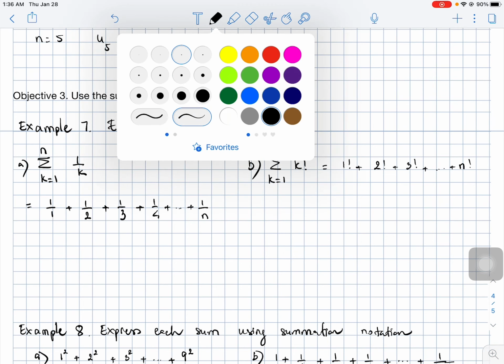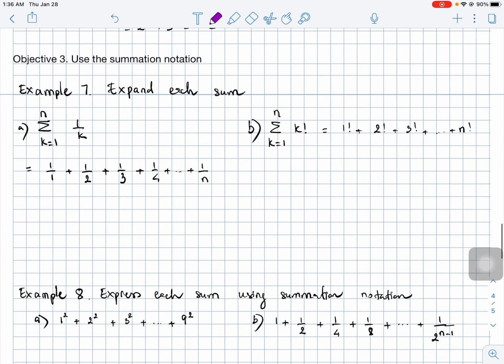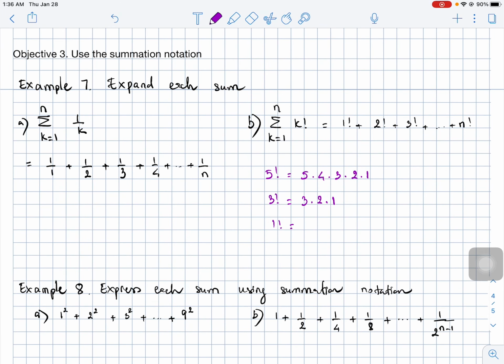And we recall from algebra, factorial means, for example, if I have 5 factorial, I will do 5 multiplied by 4, multiplied by 3, multiplied by 2, multiplied by 1. If I have 3 factorial, I begin from 3, multiplied by 2, multiplied by 1. 1 factorial is 1, and also 0 factorial is 1.